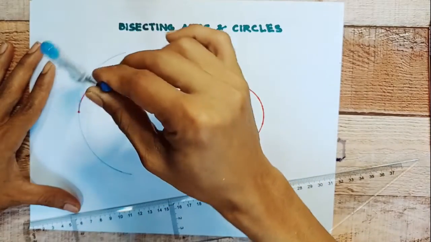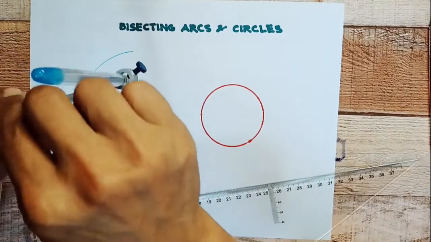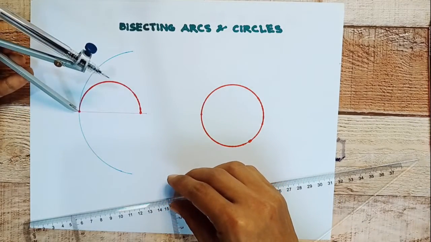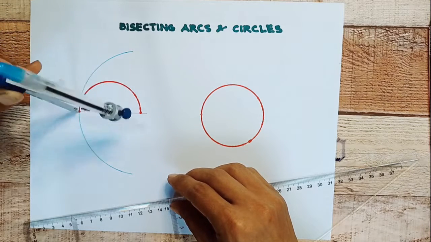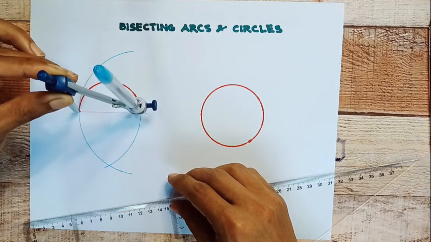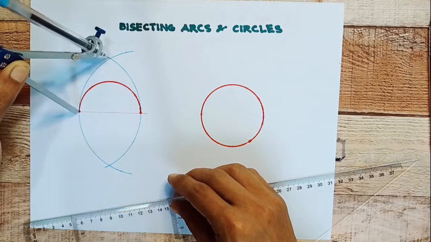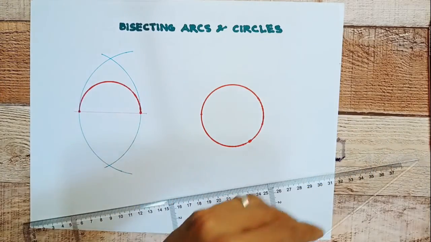Then change the position towards the other end of our arc, and again draw our arc there. Now we do have our points of intersection from those arcs.